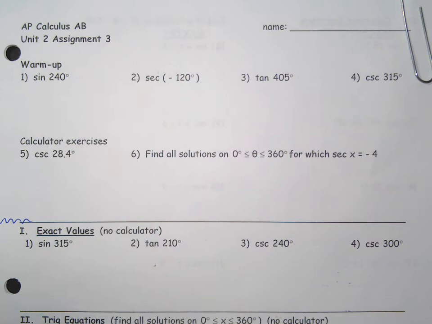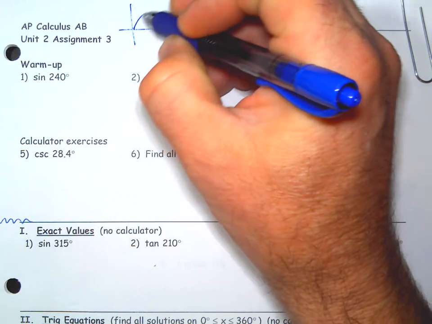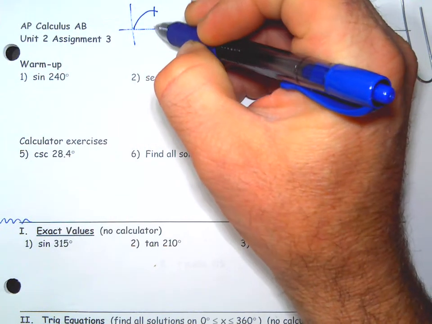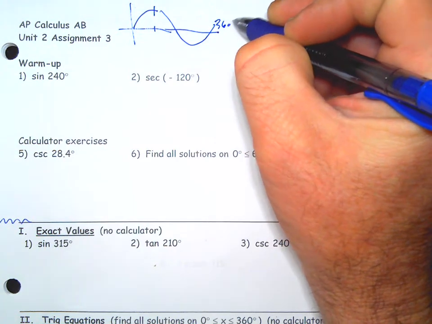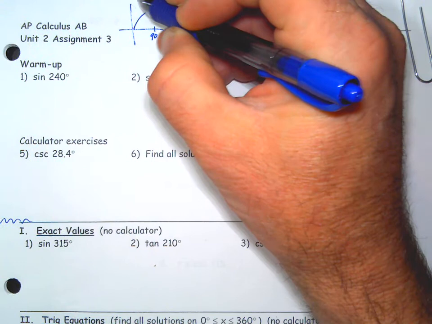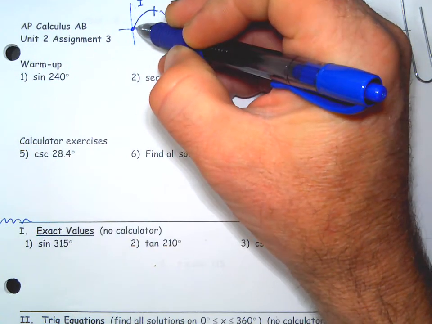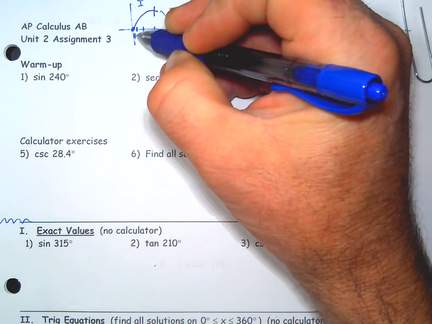First ones are the memorized values. So, in your head, or if you have to, you could draw the sine curve. The period is 360 degrees normally, so cut it in half, it's 180. This is 90. This is quadrant 1. And 45, 30, and 60.